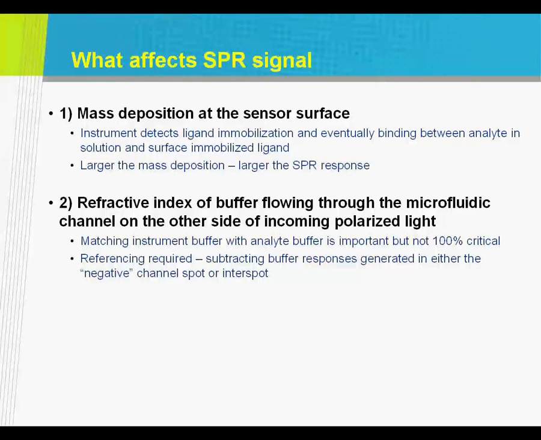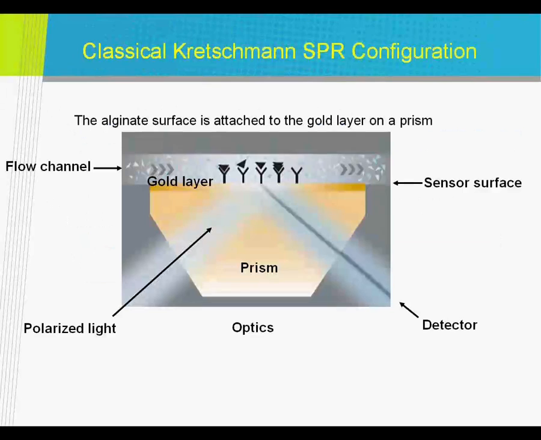One other thing that affects the SPR signal is temperature, but for our purposes, it's not an issue because these instruments tend to be very highly controlled, so they will measure the interaction at the set temperature, and if you want to change the temperature, you tell the instrument to heat up to, let's say, 40 degrees, and you can again measure the signal at a constant temperature, because it's very cleverly controlled.